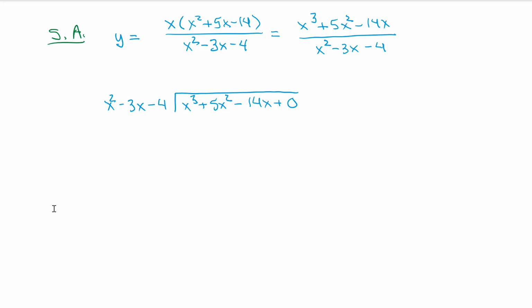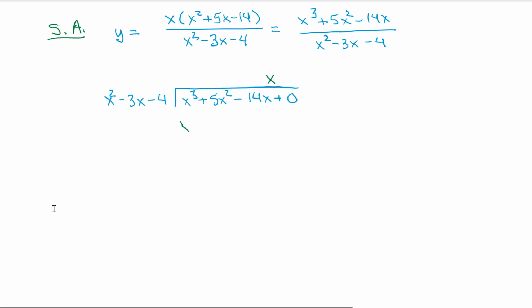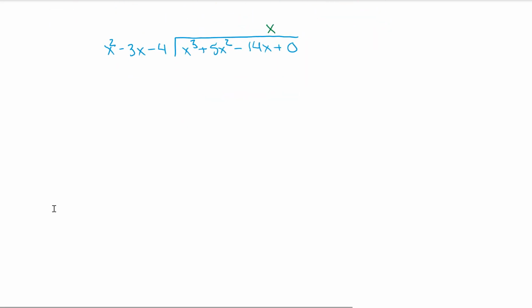First step, what do I multiply this lead term by to make it look exactly like x cubed? Well, I just multiply by x. I'm going to put that in this x column. So that'll give me x cubed minus 3x squared minus 4x.